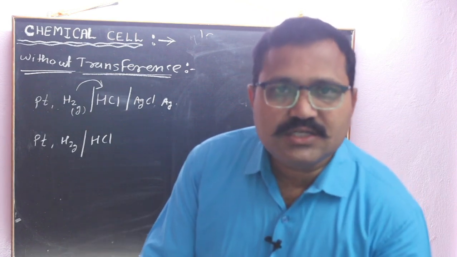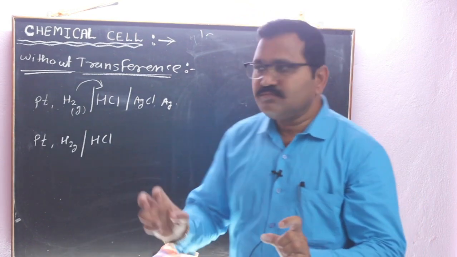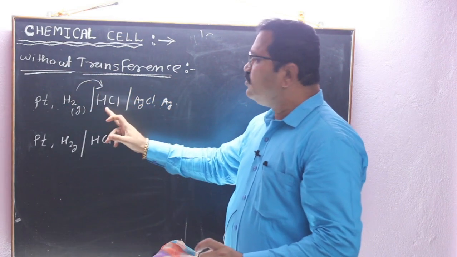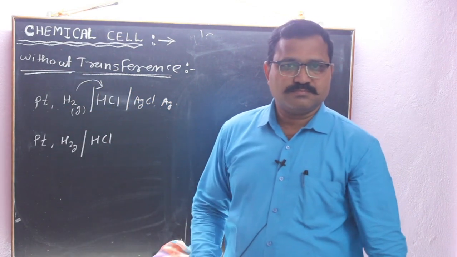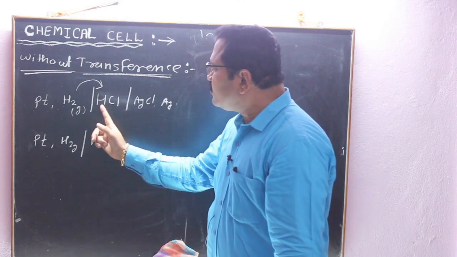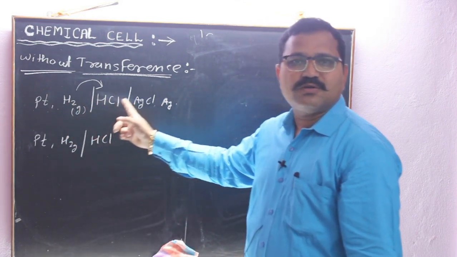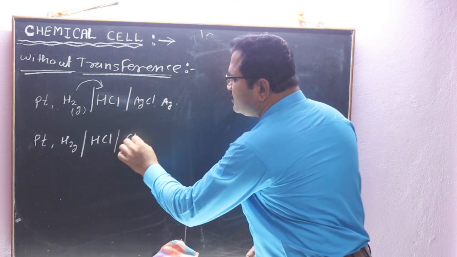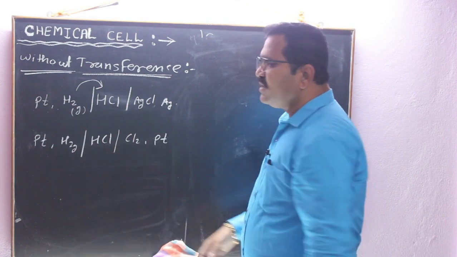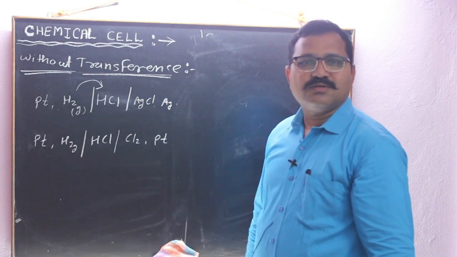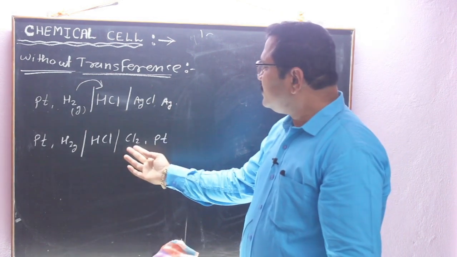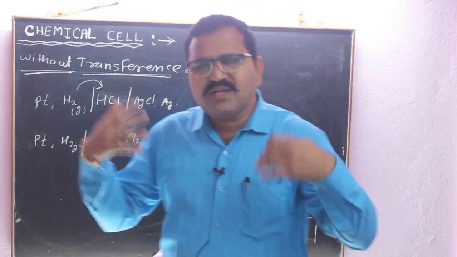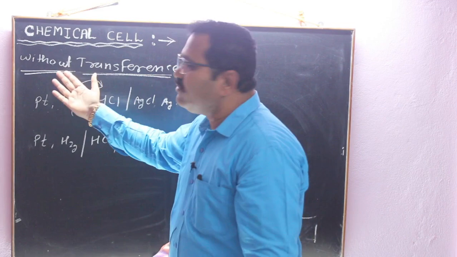What is the condition for a chemical cell without transference? The solution should be the same. One electrode reversible to cation, the other electrode reversible to anion. Then you can take here Cl2, platinum. Hydrogen gas electrode, chlorine gas electrode. This chlorine gas electrode is reversible to Cl minus. Similarly, you can prepare different types of chemical cell without transference.